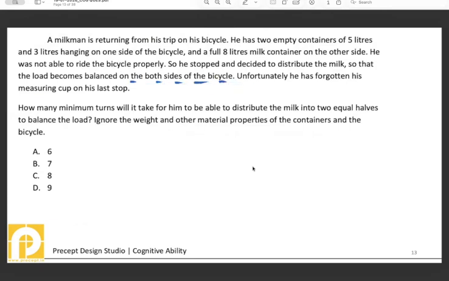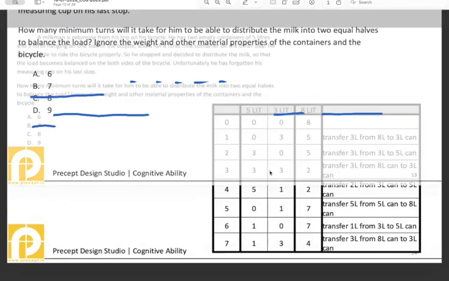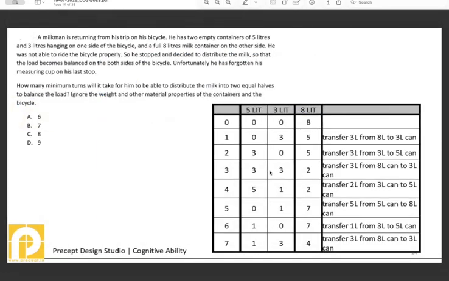Unfortunately, he has forgotten his measuring cup on his last stop. We have to find the minimum turns that it will take for him to be able to distribute the milk in two equal halves to balance the load, and ignore the weight of the material and the bicycle. So how will it happen? So this is the distribution line between both the 5 and 3 liters and the 8 liters container.